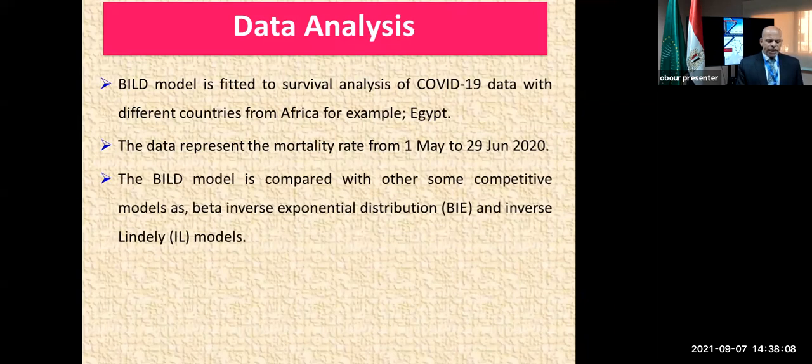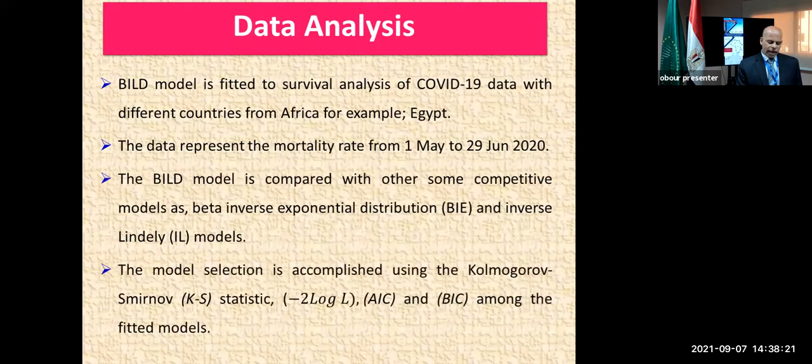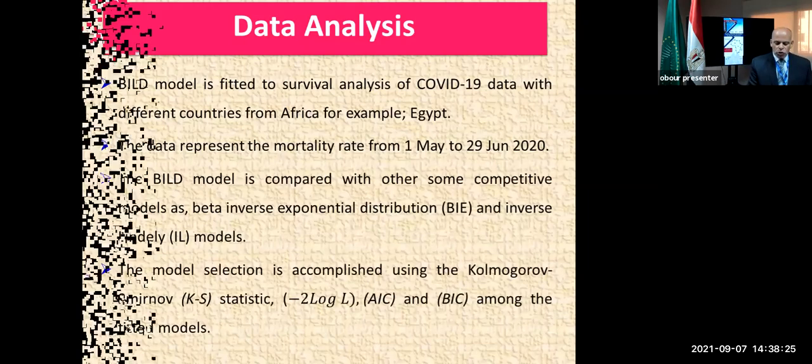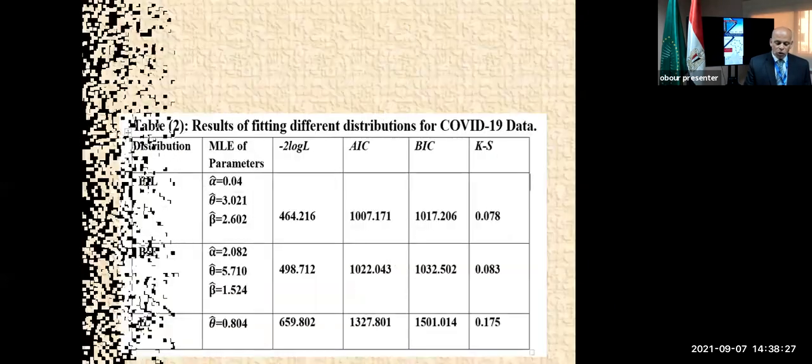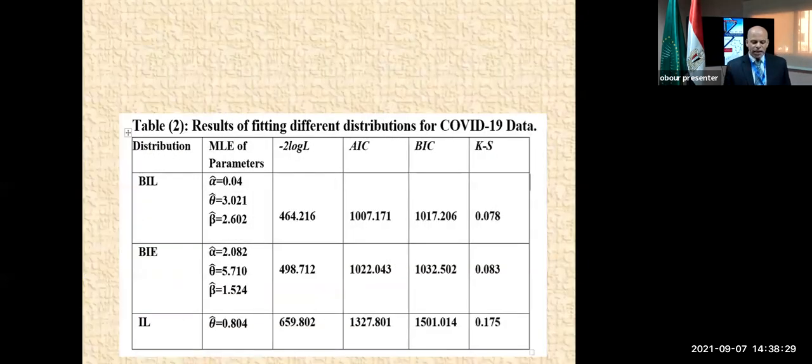The beta inverse Lindley model is compared with some other competitive models, such as the beta inverse exponential distribution, BIE, and the inverse Lindley model. The model selection is accomplished using the Kolmogorov-Smirnov statistic, the Akaike information criterion and the Bayesian information criterion, and the results are in table 2.